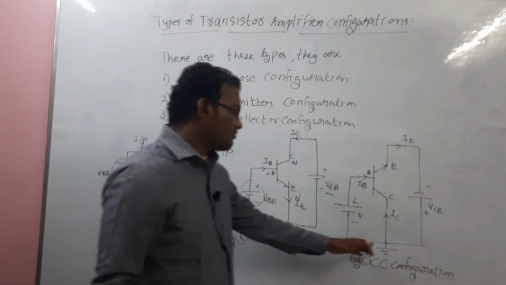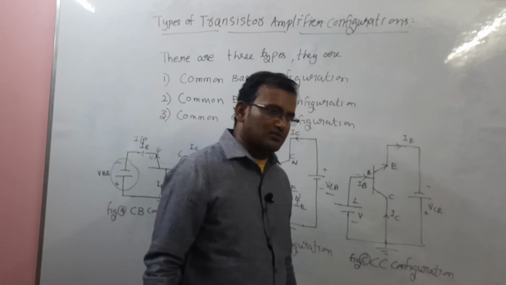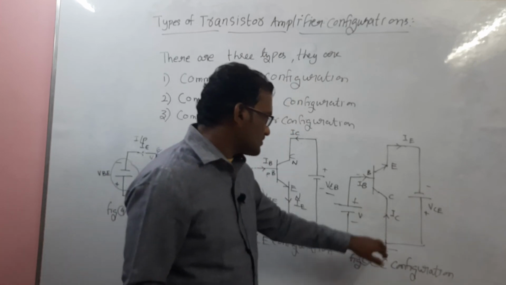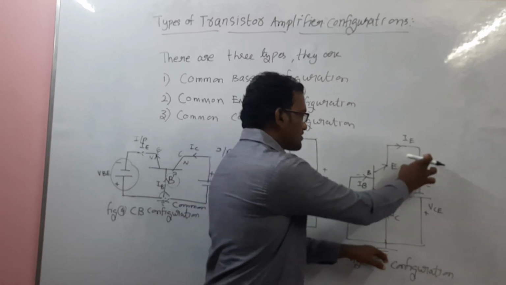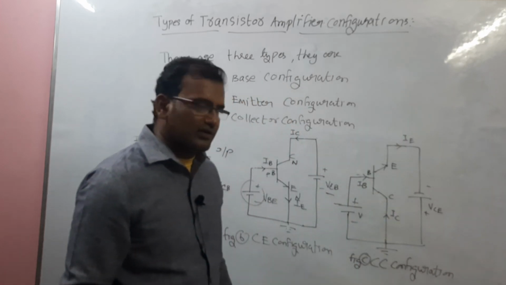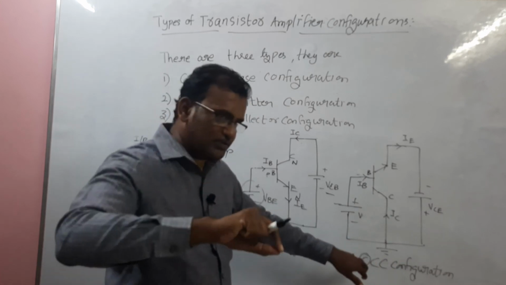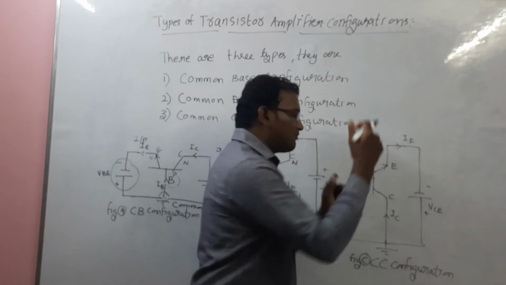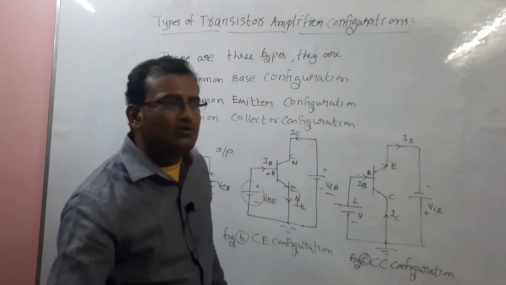Finally, you can easily identify common collector configuration. Which one is common here? Collector is the common, input is the base and output is the emitter. Simply based on the terminals and configurations, you can easily identify which terminal is input, which is output and which is common.